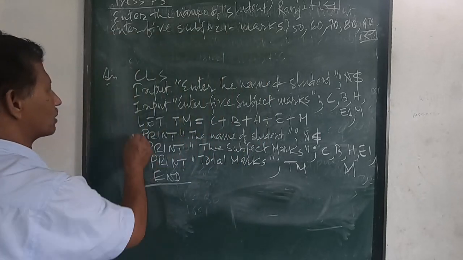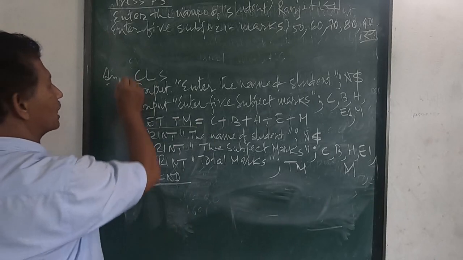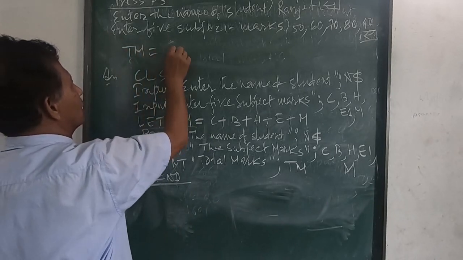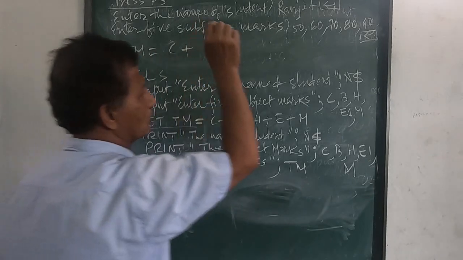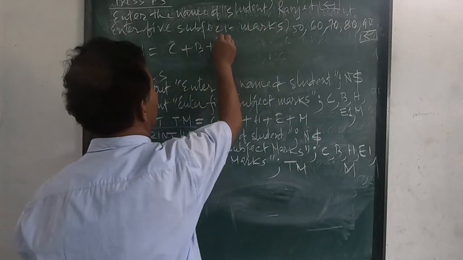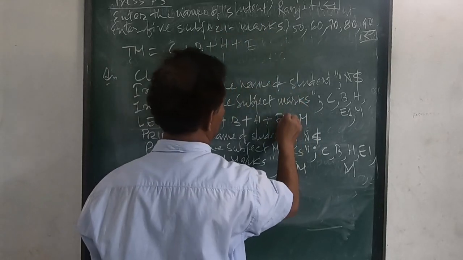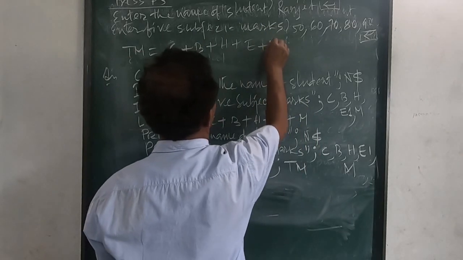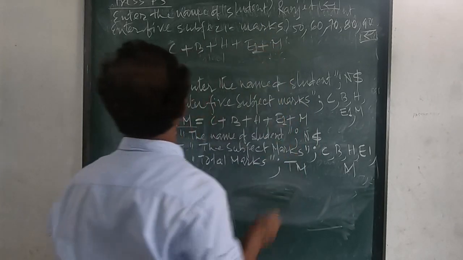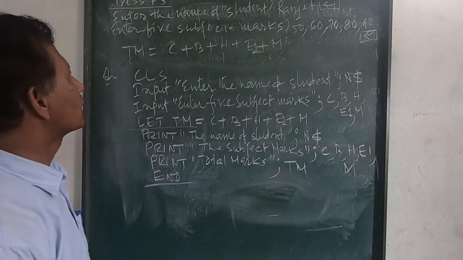Next line, when it comes to the next line, there is a statement called TM where there is C plus B plus H plus E1 plus M. It will add up all the numbers entered and store the result in TM.